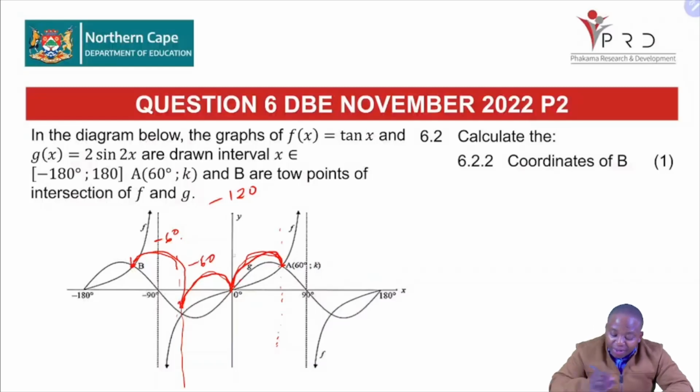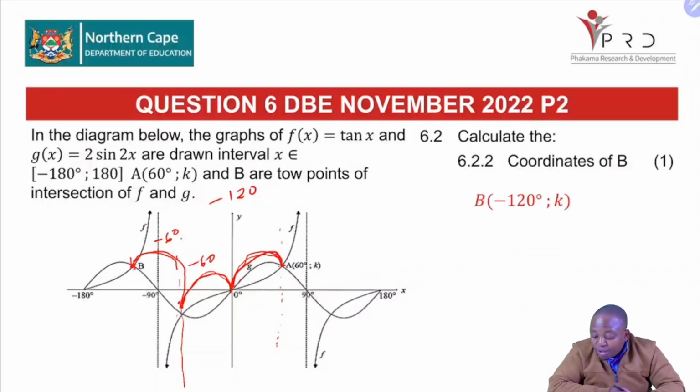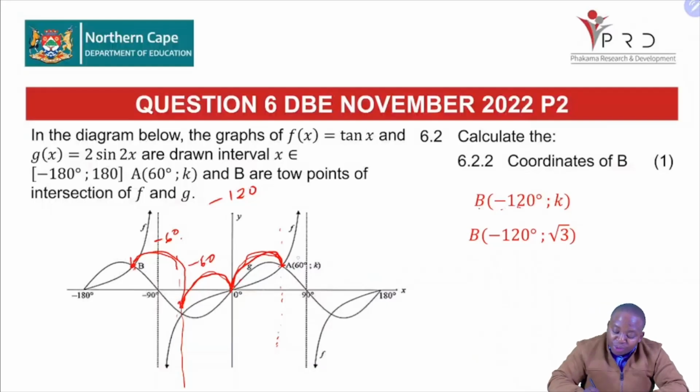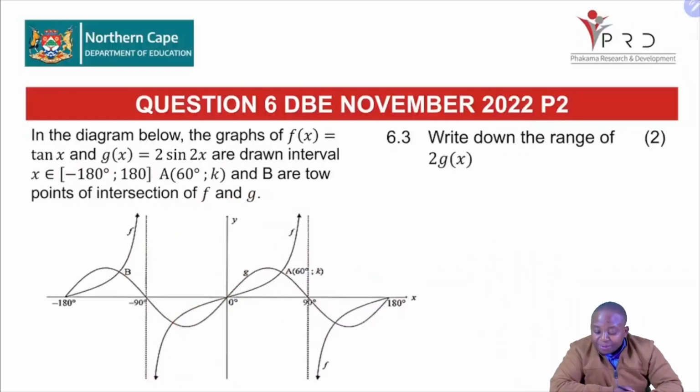Then from 0 to that point, it is negative 60, negative 60, which is negative 120. Then our P is going to be negative 120, and K, remember, was root 3. So the value of y did not change. Only x was changing in terms of that point.